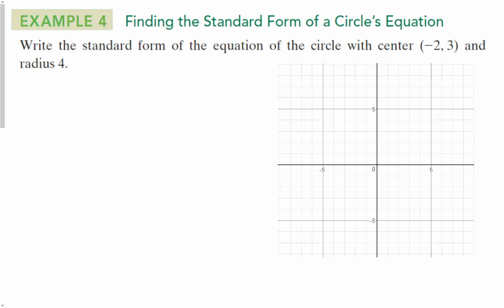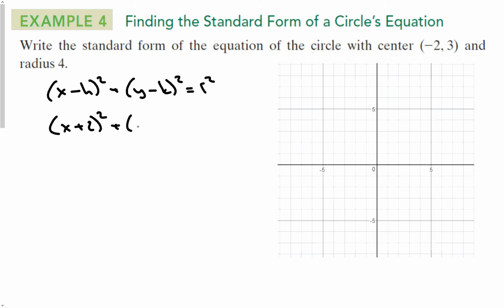So now, write the standard form of the equation of a circle with the center (-2, 3) and a radius of 4. When I write my equation for this circle, remember that my equation says (x - h)² + (y - k)² = r². So this is going to turn into (x - (-2)), which turns into (x + 2)², plus (y - 3)² = 16, 4 squared.